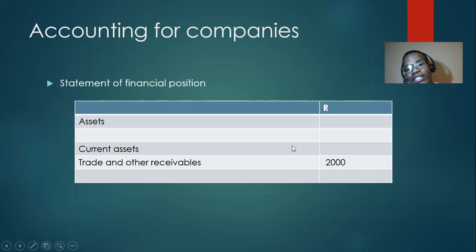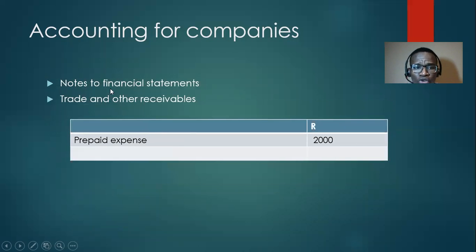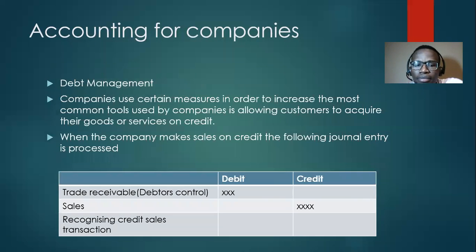But the user of the financial statements, when they're looking at this, is unable to tell what this 2,000 relates to. That's where the notes come in. Then the notes to the financial statements, trade and other receivables, you see prepaid expense, then 2,000. This will show the user of financial statements that, okay, indeed the company paid for a service, but has not received that service, right?